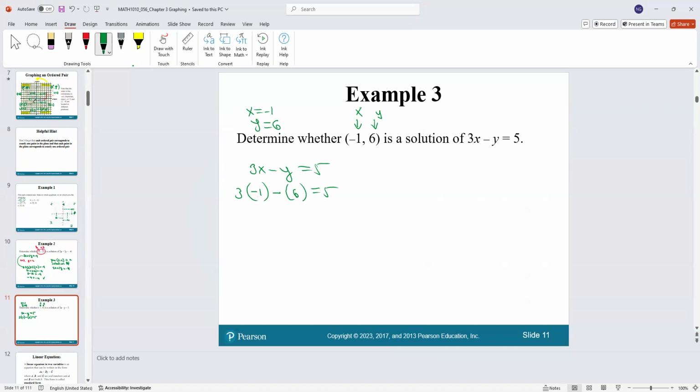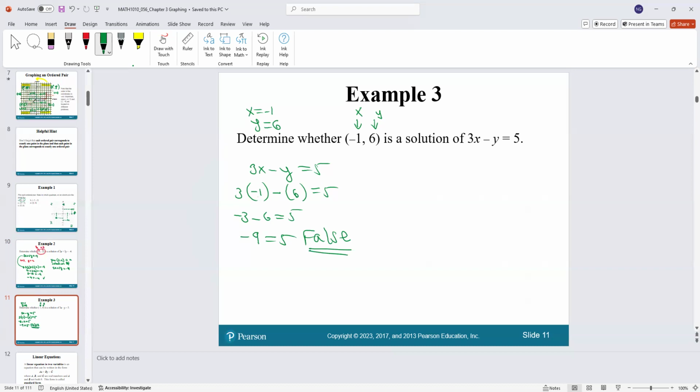So 3 times negative 1 gives you negative 3. Negative 6 equals 5. That should be negative 9 equals 5. Is it true or false? Negative 9 would never be equal to 5. That is totally false.